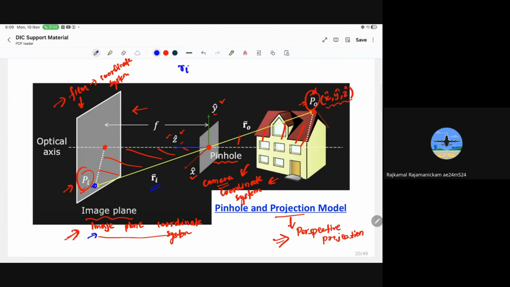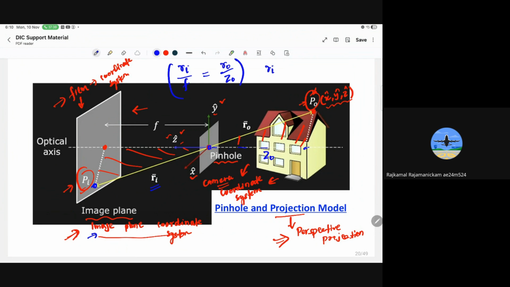So Ri, and the distance from this point to the plane is basically f. So Ri upon f, we can write it equal to, we have Ro this side of this triangle and whatever distance is here, right? Let us call this Z0. So we can write Ri upon f equal to Ro upon Z. Okay.